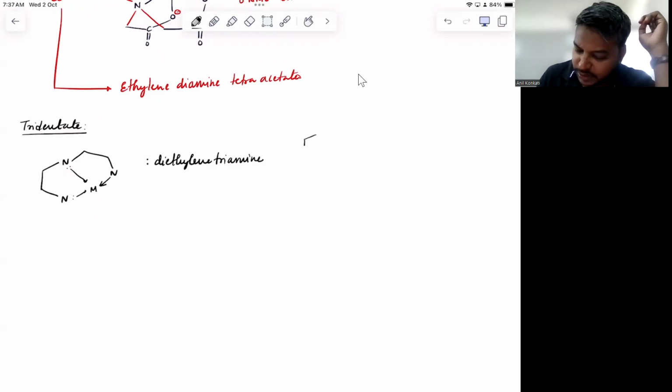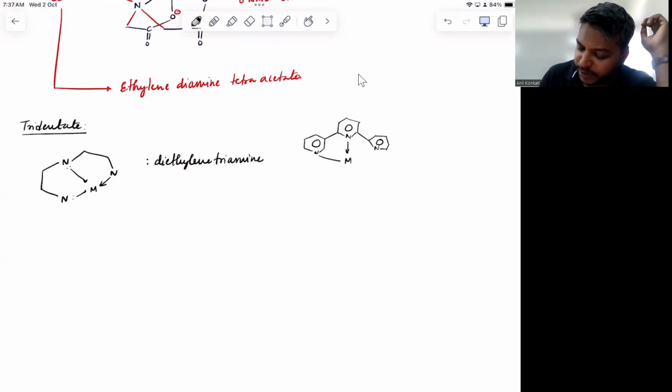Another one is, you know, pyridine groups. If these pyridines are connected this way, and these are all pyridine groups, and I have a metal connection here.